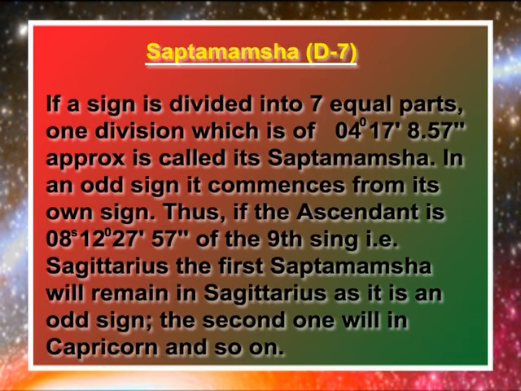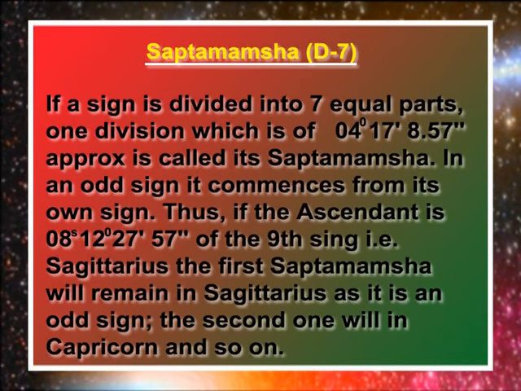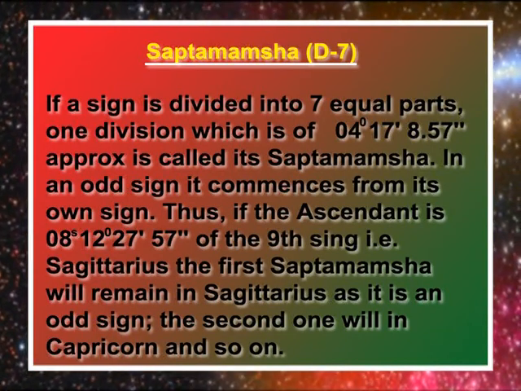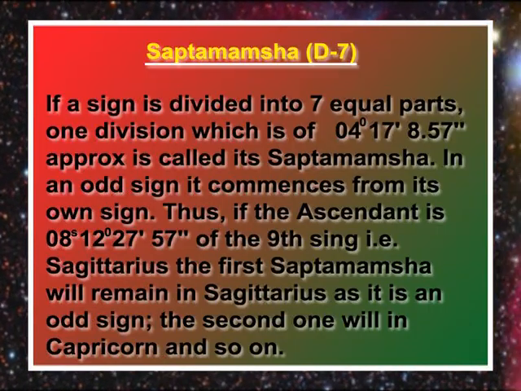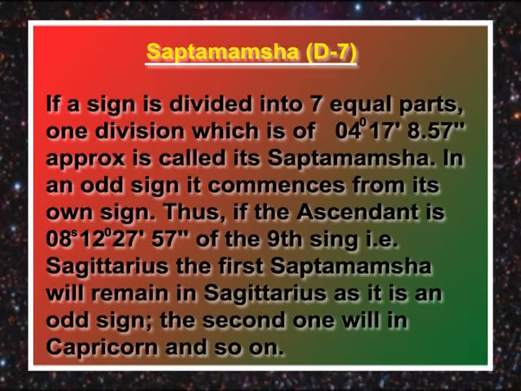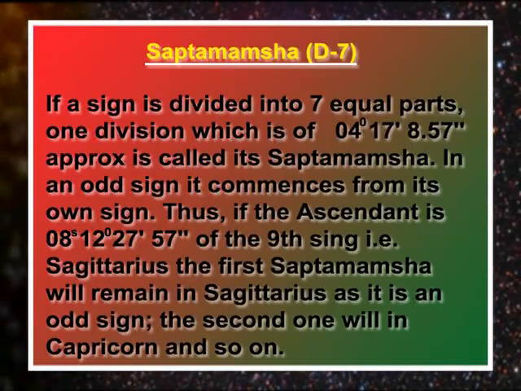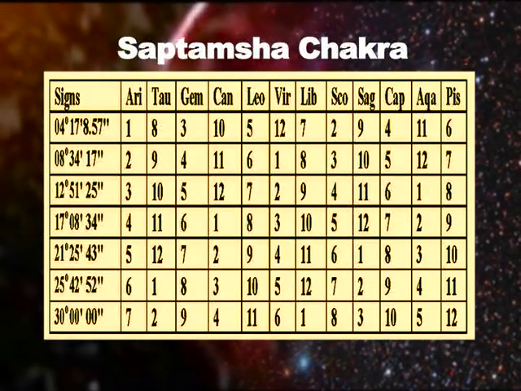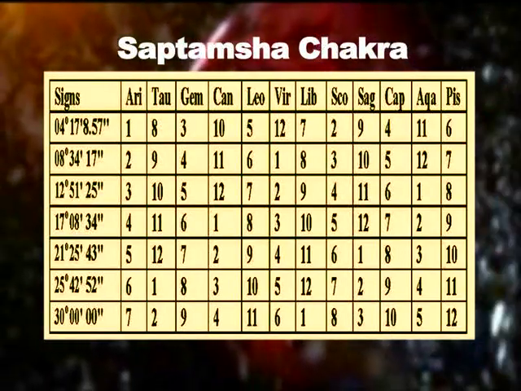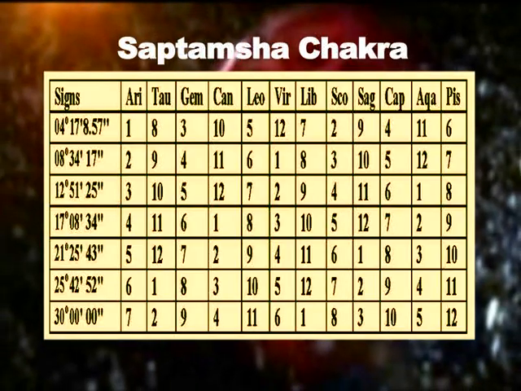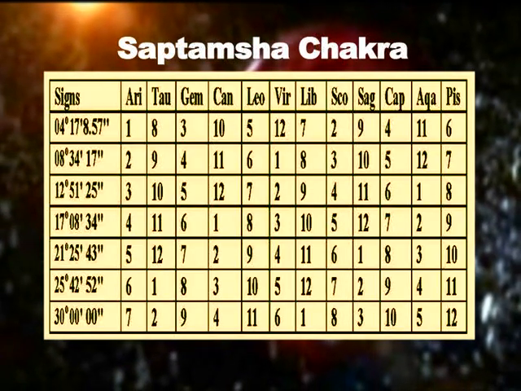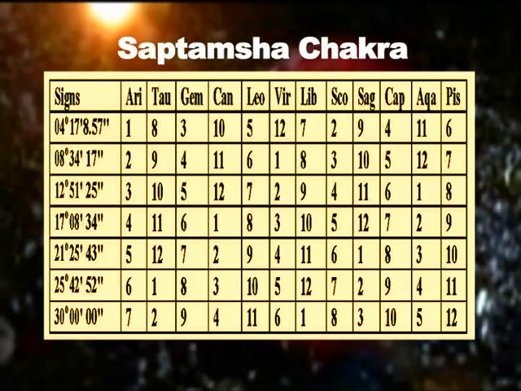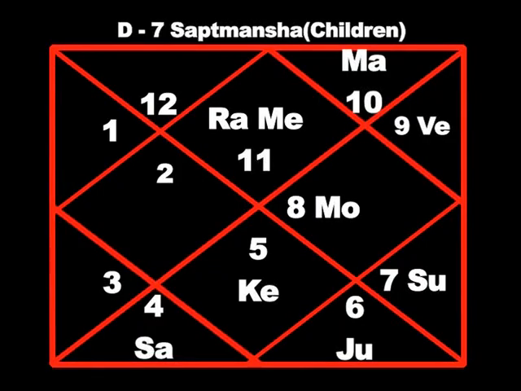D7, Saptamamsha, it's micro analysis of the children or the progeny you have in store as per the destiny. Each sign is divided into 7 equal parts comprising 4 degrees and 17 minutes approximately. Chart is given and the formulae also given in the charts.